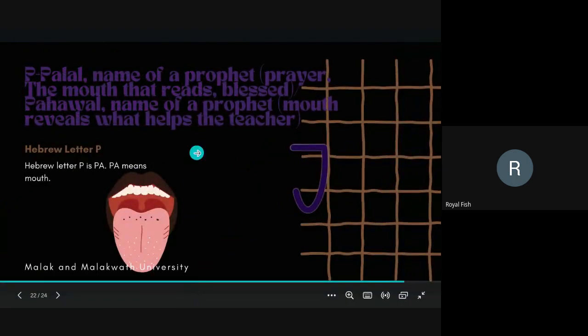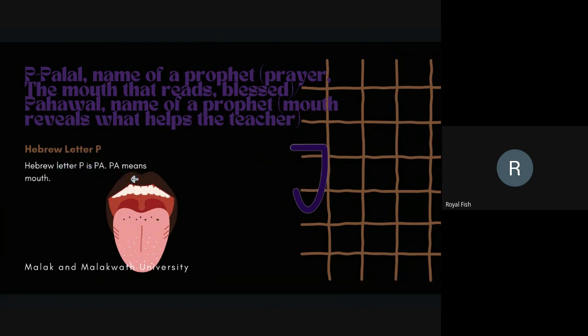All right, so the Hebrew letter P is pa. Pa means mouth. So we have the tongue, teeth, lips, all of that. Palal, which is the name of a prophet, Peter. Prayer, the mouth that reads or blessed. Then you have Pachawal, which is also the name of the prophet, Paul.